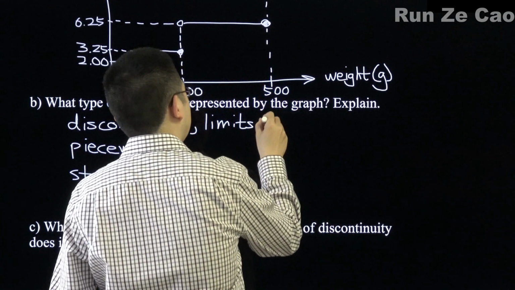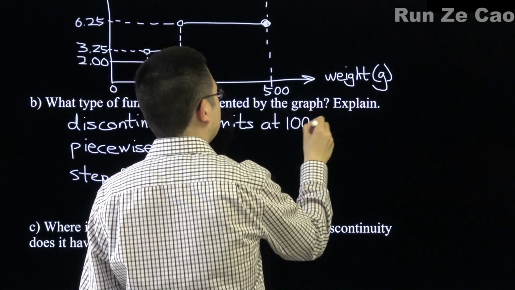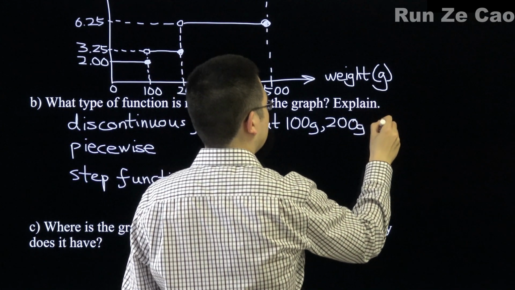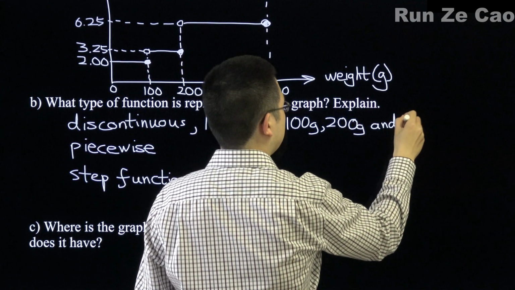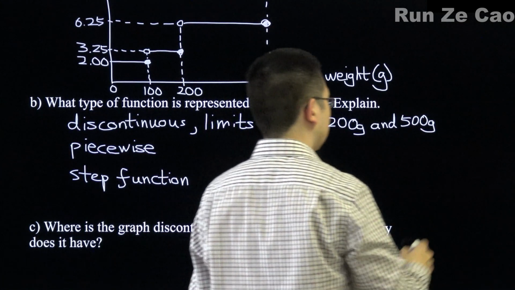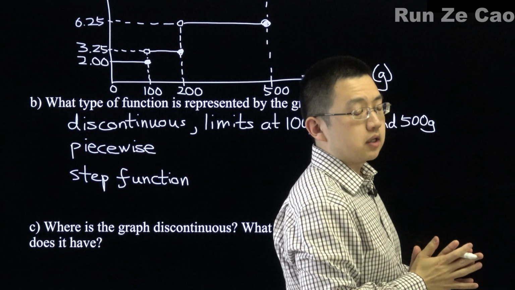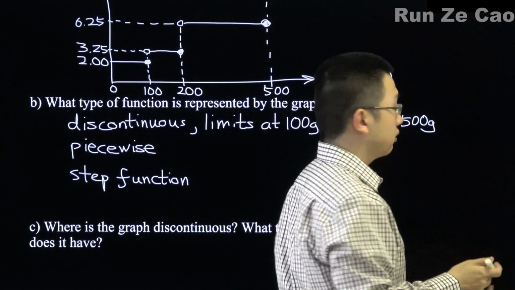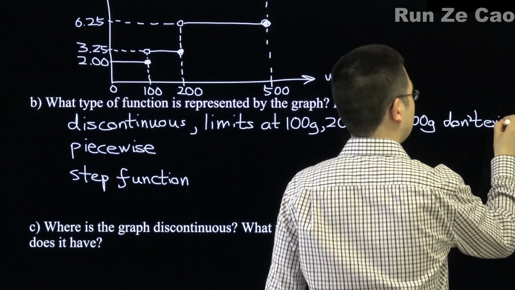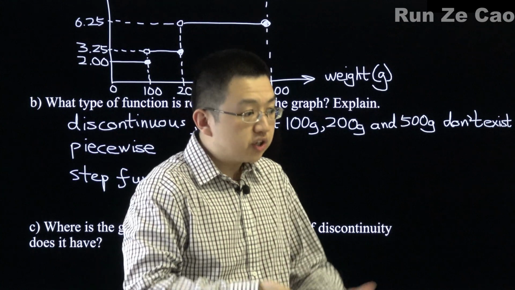Limits at 100 grams, 200 grams, and 500 grams are, well, there's a whole bunch of words we can use. So, don't exist, or we might write something else, like say, oh, are disjoint.